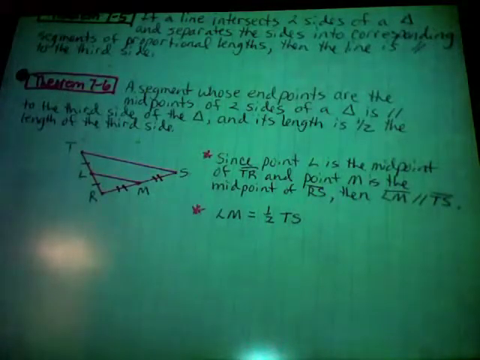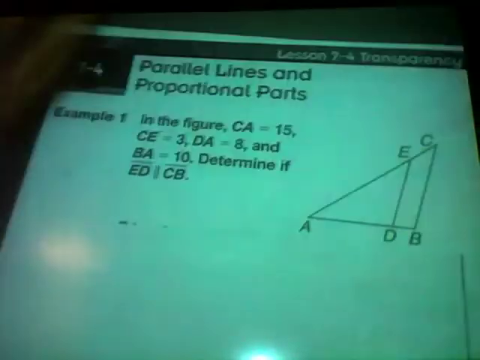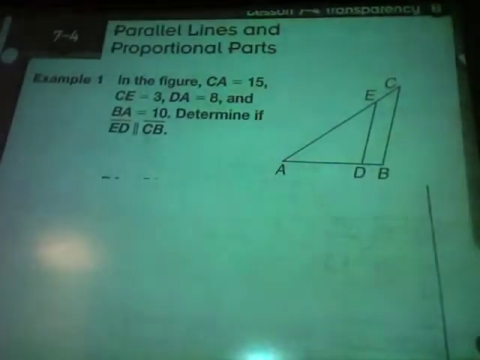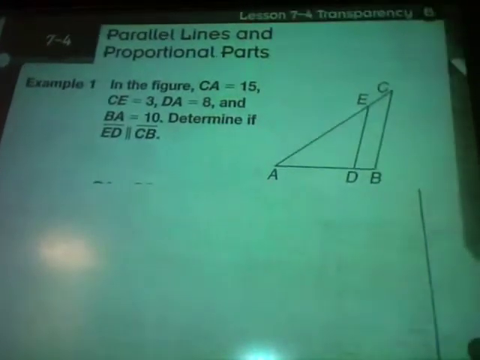Then flip it over to the back, and I whited out a bunch of stuff for you. So the first example says in the figure CA is 15, so let's go ahead and write in what we know.